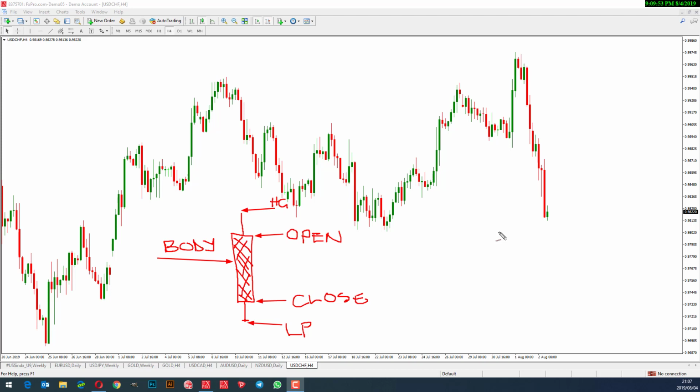Now the opposite applies when you talk of a bullish candle. Let me illustrate a bullish candle for you guys. My price points are not exact there.